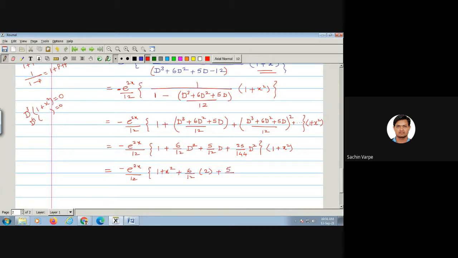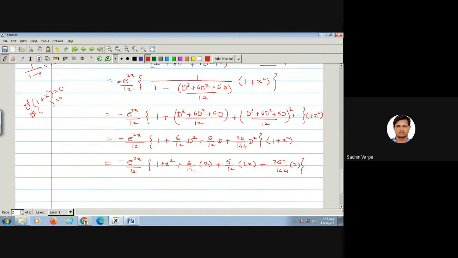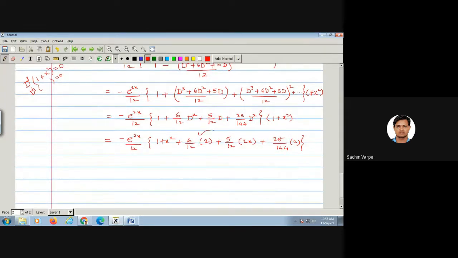Plus 5 by 12, d of 1 plus x square is 2x, and plus 25 by 144 into 2. You just simplify this last step, add the constant terms, and that will be your final answer.